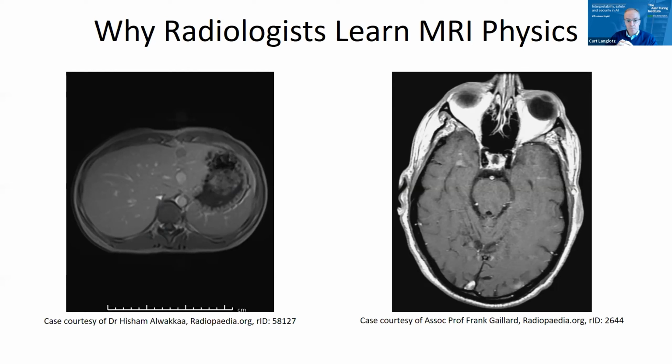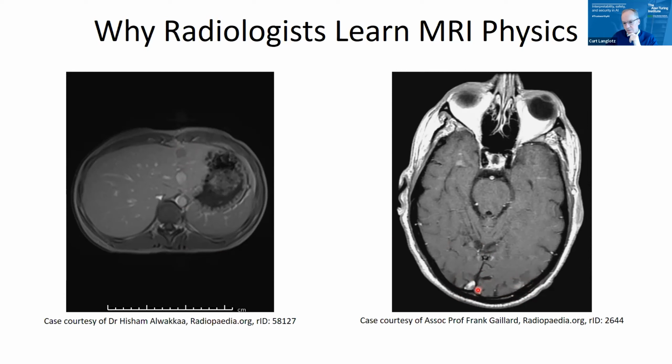And I think that was very important because if you look at, for example, this image, this little spot here looks for all the world like a mass in the liver. But if you know about the phase encoding direction and that pulsatile flow in the aorta can cause ghosts, you know that this is actually a phase artifact. Same here, this little area of high signal in the posterior aspect of the brain actually is a phase artifact of this.